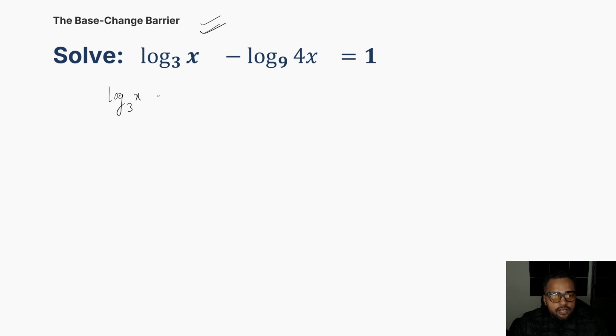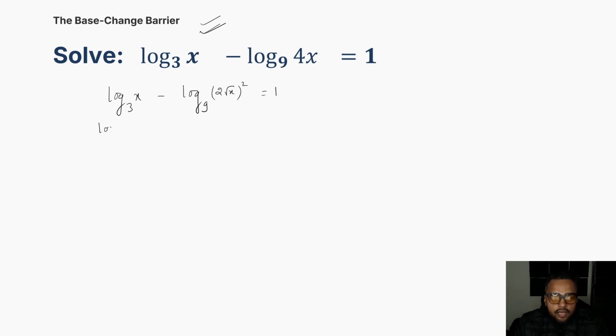Log x base 3 negative of log. Now the base in the second logarithm is 9 and the argument is 4x. Now how could this 4x be written? This 4x could be written as (2 root x) whole square. This argument could be written like this, equals 1.